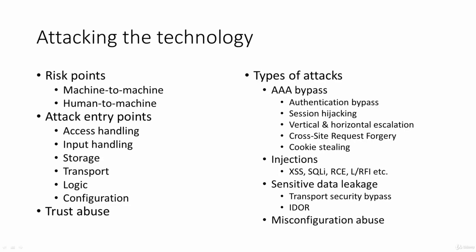So for example, we can store a code in the database that is used to generate dynamic pages for other users, and we can store JavaScript code that will perform some nasty things like cookie stealing, for example. That would be called a stored XSS, stored cross-site scripting.